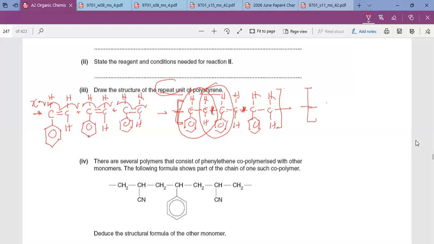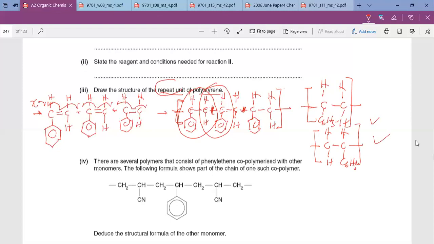And you can put C6H5, up to you. Or you can put it like that. You can put CHH first, don't worry, it's okay. And C6H5. Either way is correct.